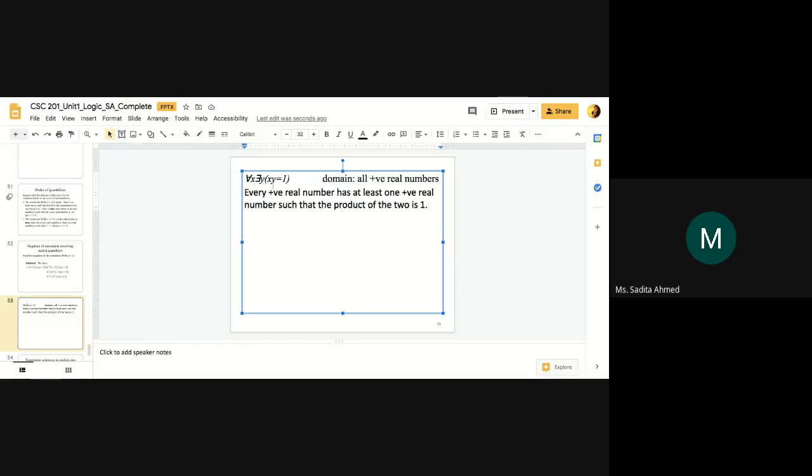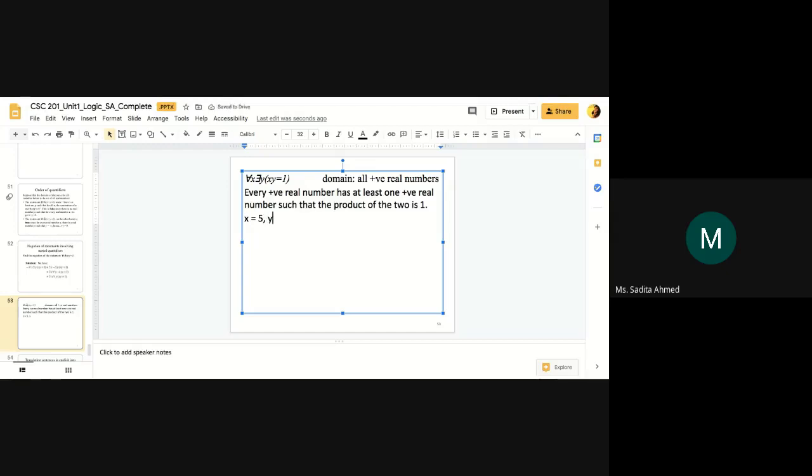For example, for 1, if you think about 1, there exists at least one y. For 1, you have 1. 1 multiplied with 1 will give you 1. Think about a different integer, a higher integer, maybe 5. If x is equal to 5, then what do you need?